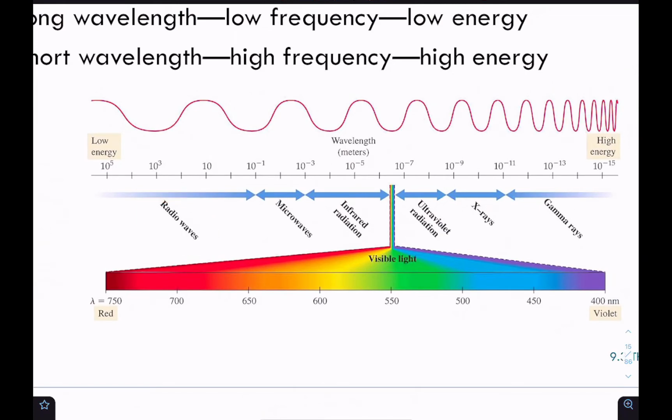So for AM radio, it's like 500, 560, 600. I believe that's in kilohertz, I don't remember. So you're getting 500 waves per second.